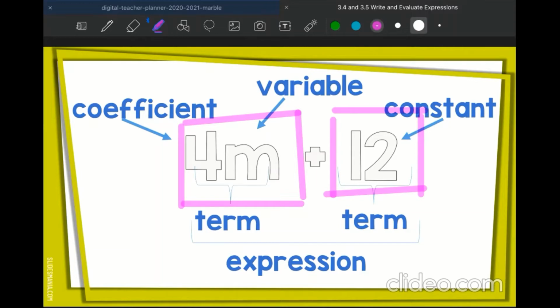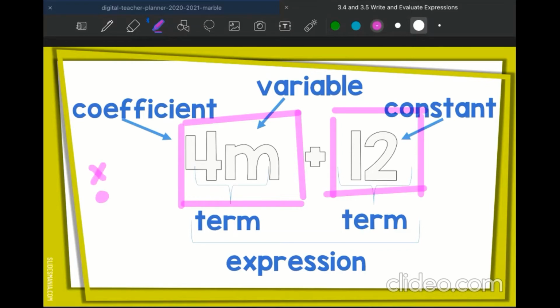Then you have your variable. A variable is any letter in the alphabet. The most common variable you'll probably see is X. They really like X as a variable. That's why, remember how I talked about that we don't really do the X for multiplication anymore. We want to do the dot.